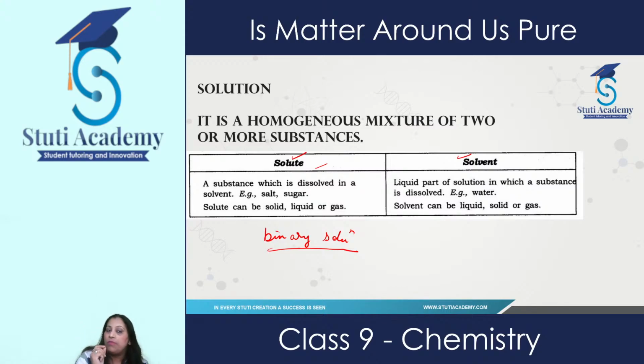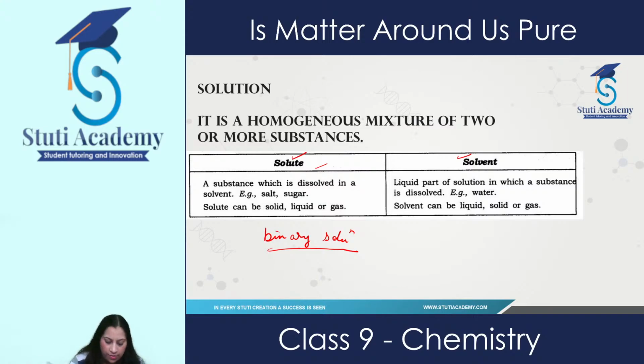The size of the particles of a solution is very small. We cannot see them with the naked eye or a very simple microscope. They will not show the Tyndall effect. That I'll explain later.